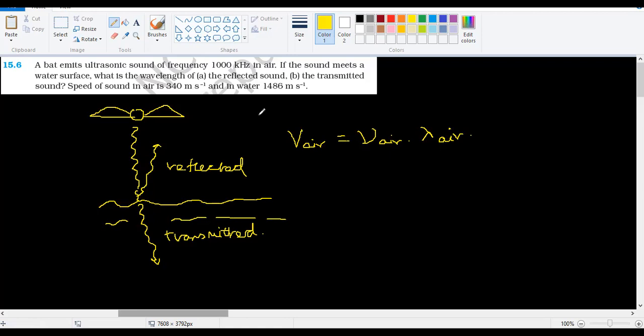The velocity of the sound in air is given, and the frequency in the air is given, which means I can find the lambda. Similarly, I'm going to write for velocity in water, which is also given: nu in water, lambda in water. The frequency does not change in different mediums, so the frequency will be the same.